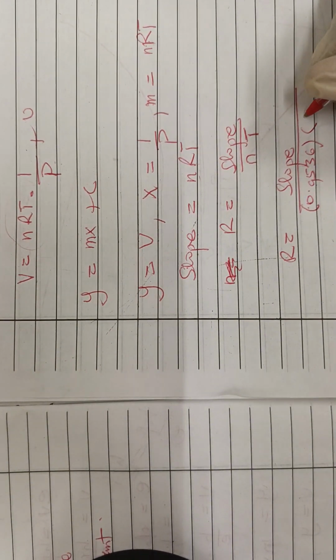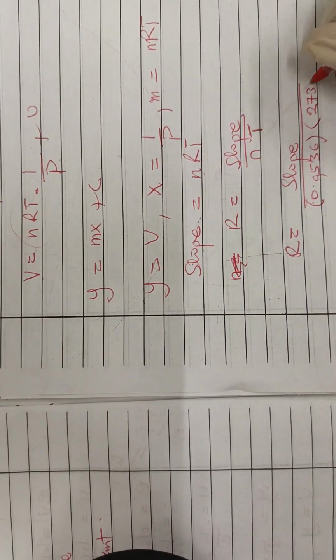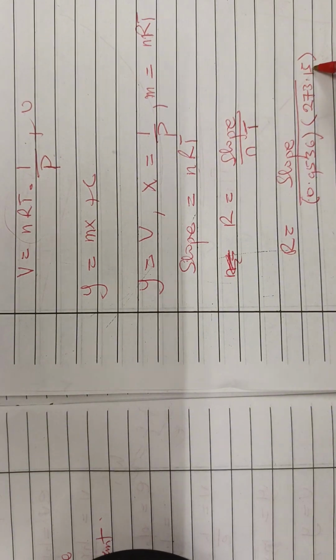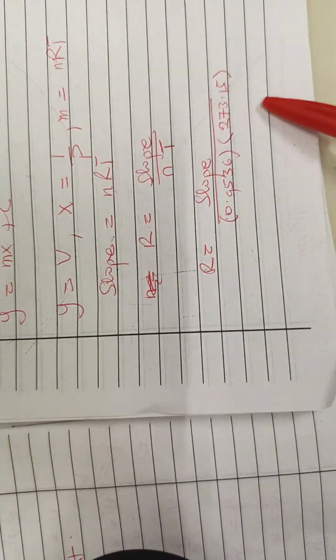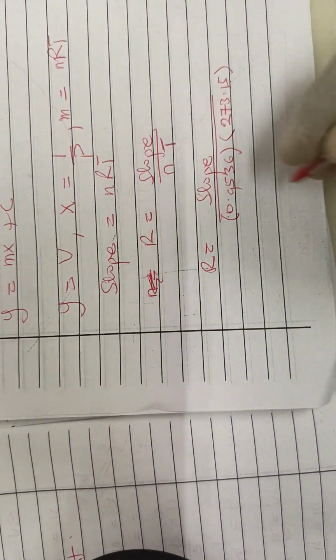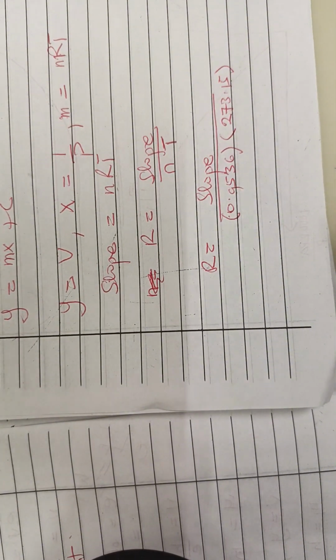And then our T, we are using 273.15 Kelvin. So our T should be in Kelvin. Don't forget to convert the temperature to Kelvin, and then with the n value you can find R, the universal gas constant.